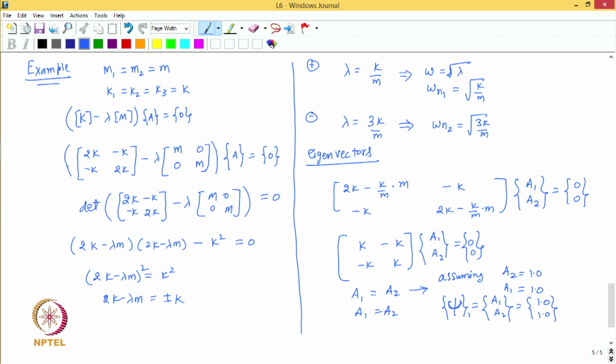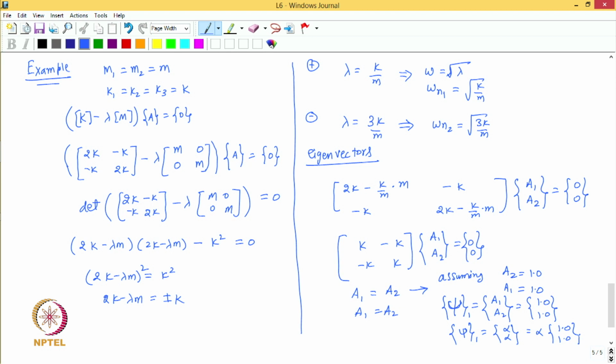But if I change the value assumed for A2, then A1 accordingly changes, and it results in another vector which is a scaled version of the vector we just got. So, if I take A2 as alpha, then A1 also becomes alpha, and this can be written as alpha times 1, 1.